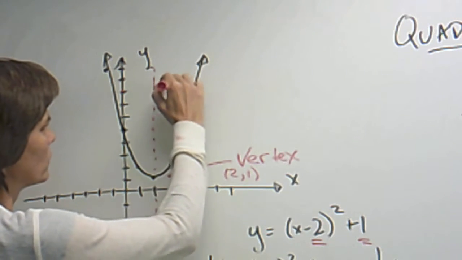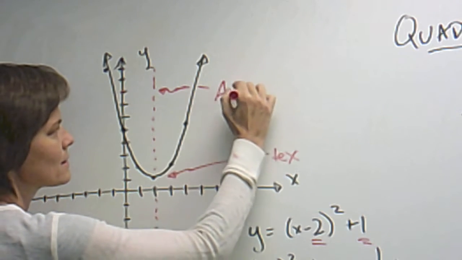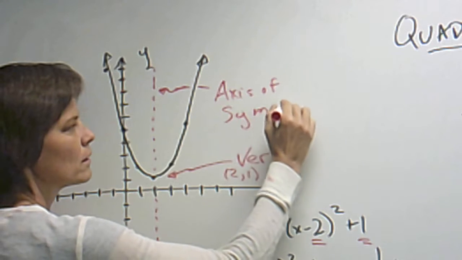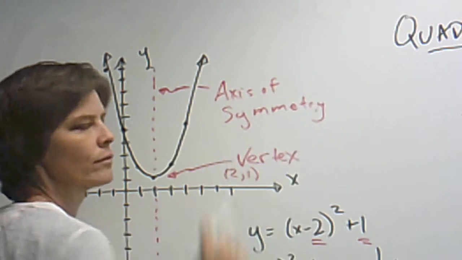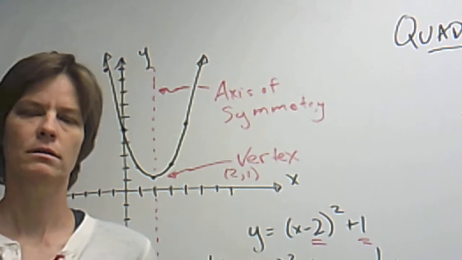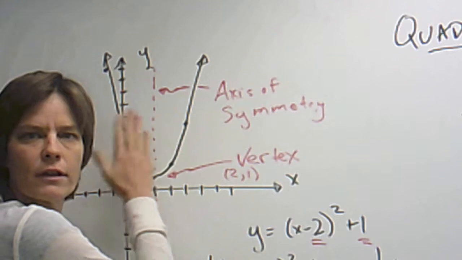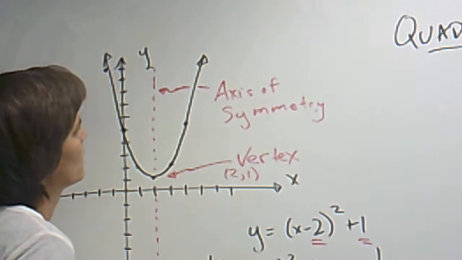This is called, can you see this? Yeah, we're going to put it right over here. The axis of symmetry. The axis of symmetry, my floating head, is the place where everything is symmetric around, okay?